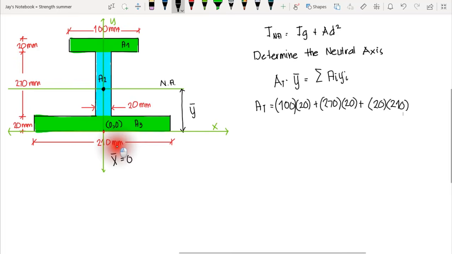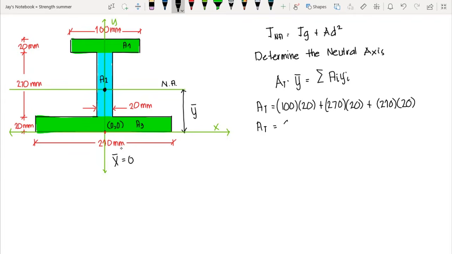This one. So therefore, we have our total area that is equal to 11,600. Take note, these are all in millimeter times millimeter. So therefore, we have the area that is in millimeter squared.